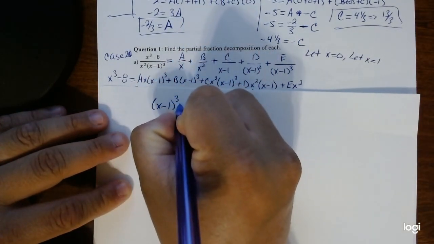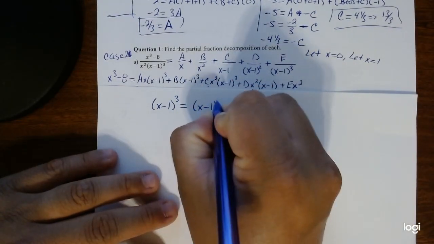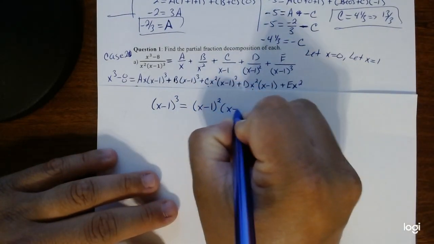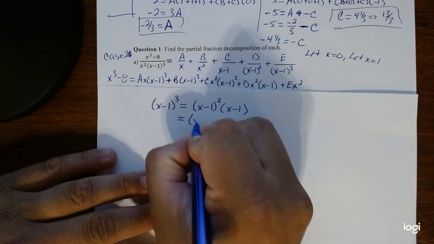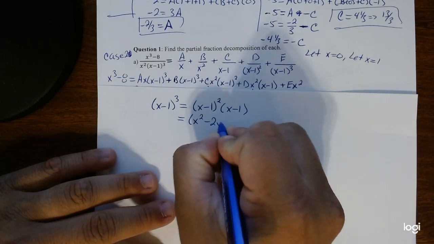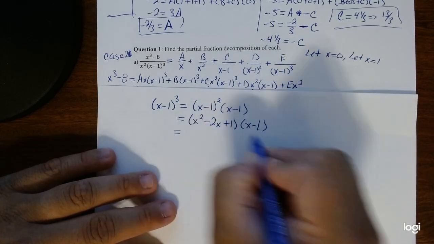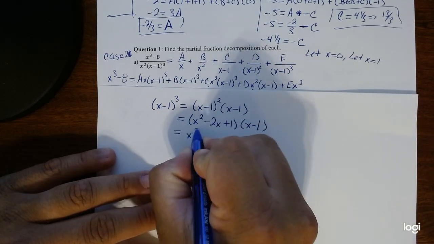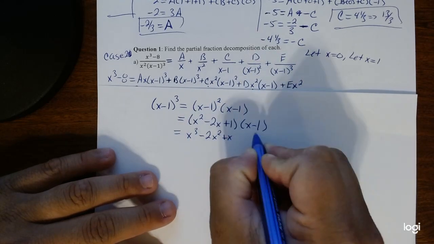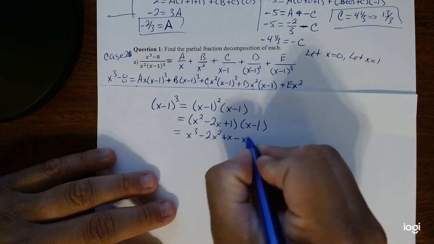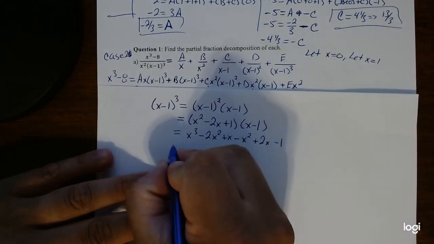let's FOIL this out. What I mean by foiling it is literally just FOIL it out. So this is going to be x squared minus 2x plus 1. And then re-FOILing this out, and then just combining everything we can.